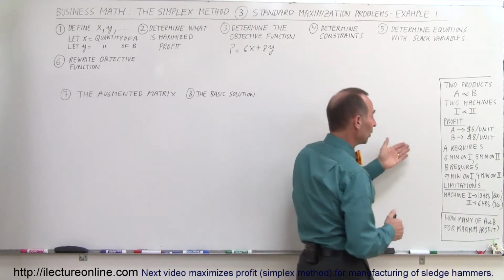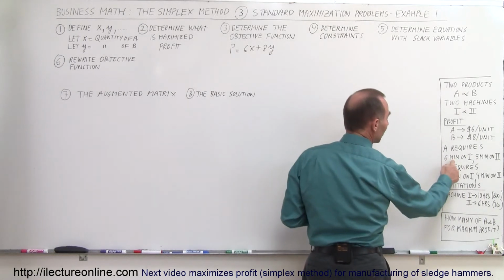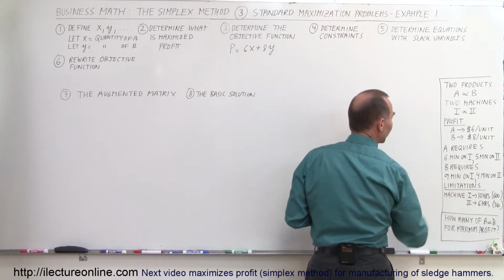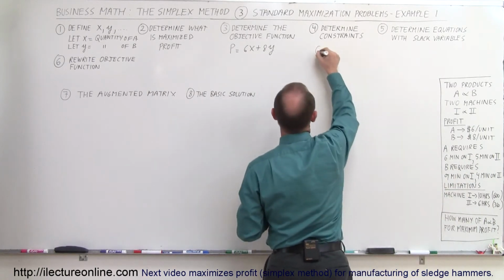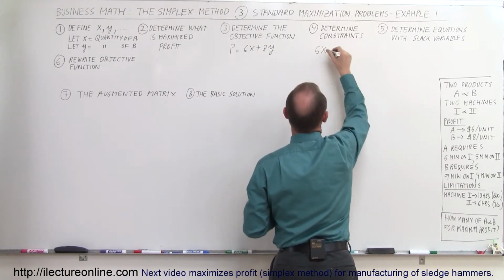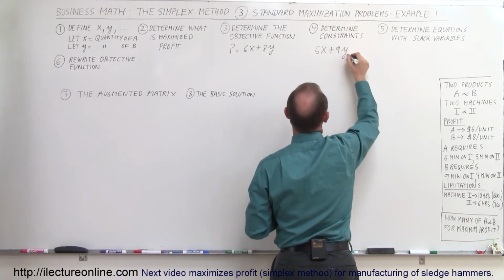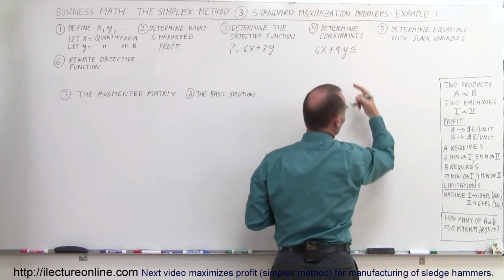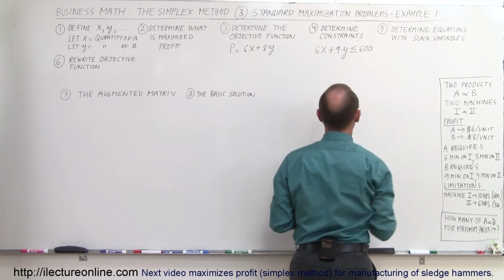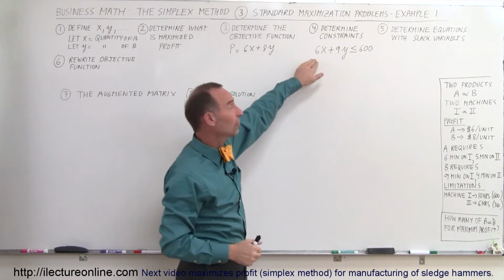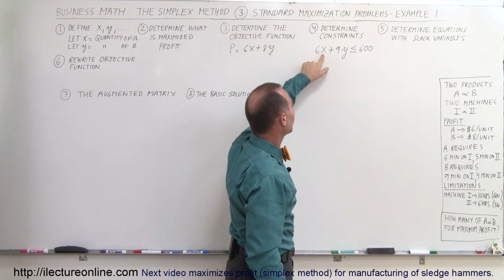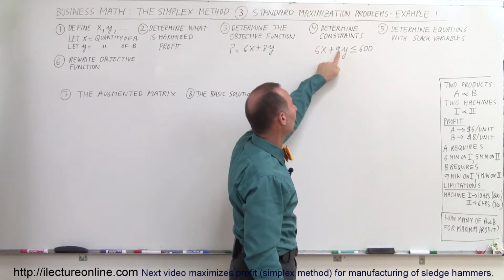And we require machine 1 for both A and B. We need 6 minutes for each A on machine 1 and 9 minutes on machine 1 for each unit of B, which means that 6 times X, so 6 minutes times X the quantity of A, plus 9 minutes times Y the quantity of B, must be less than or equal to the total number of minutes available on machine 1, and that would be 600 minutes. So you can see here that this really represents the constraint due to machine 1. We have 600 total minutes. Each unit of X requires 6 minutes, and each unit of Y requires 9 minutes.